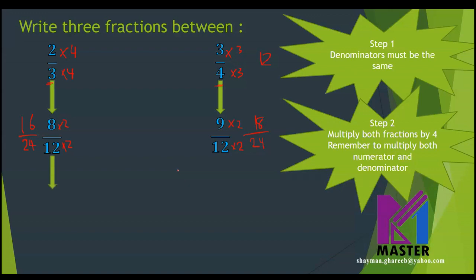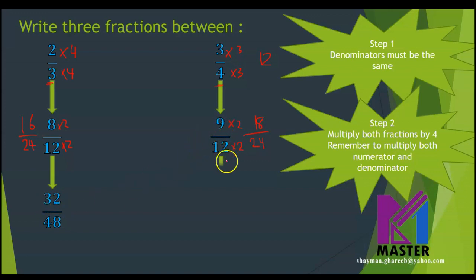So when you have no fractions in between, you multiply by 2. If you still need more fractions, keep multiplying. So I can multiply by 4 these two fractions to have more fractions in between. So if I multiply the 8 by 4, it will give me 32.